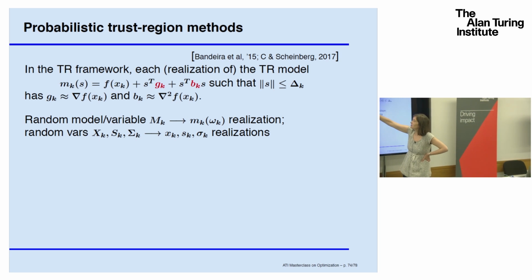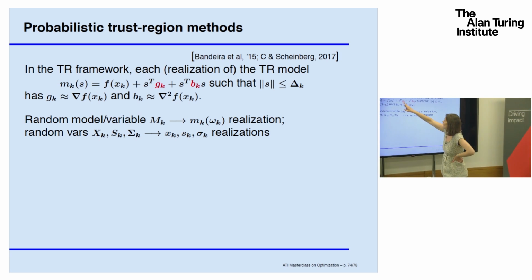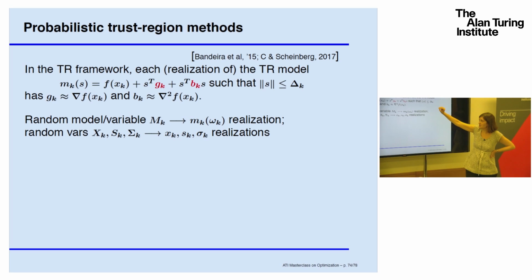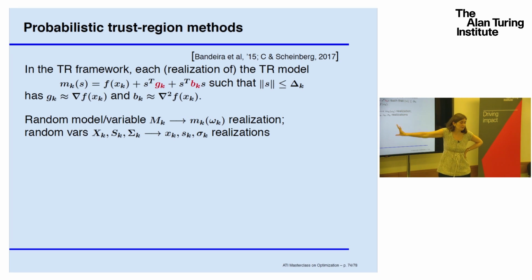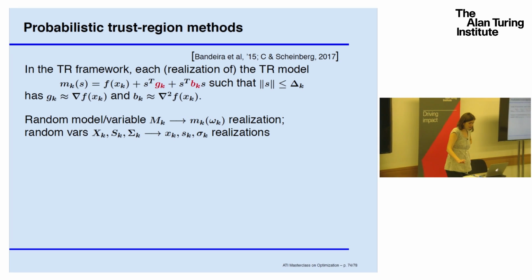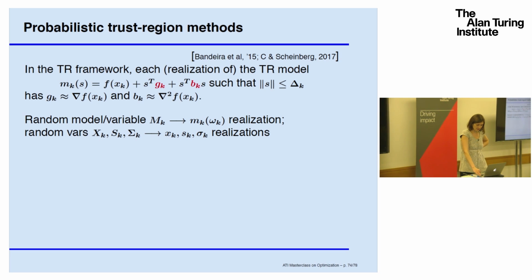I'm doing this very approximate, and it can be sampling, it's randomized. So I have a local random method. But essentially my model is random, I still have a trust region, and of course everything becomes random. My method is a randomized method.